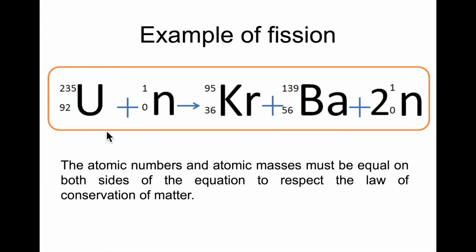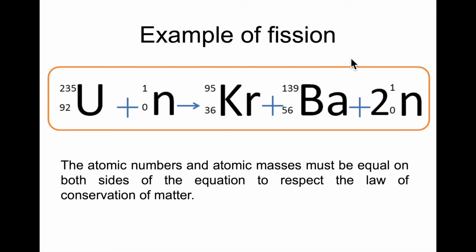As it says here, the atomic numbers and atomic masses must be equal on both sides to respect the law of conservation of matter. A little bit like we did in the previous lesson, we are going to take a look at the masses and the atomic numbers to make sure that everything balances out, and it should. So 235 plus 1 gives us 236. 95 plus 139 plus 2 times 1 gives us 236.